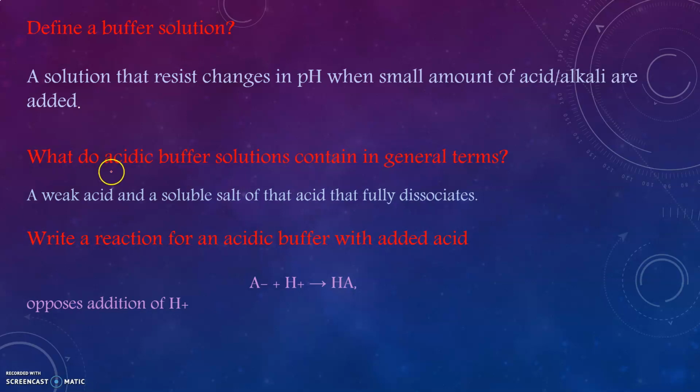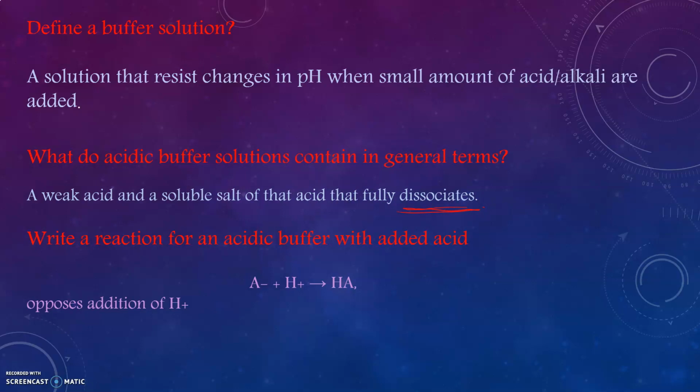What do acidic buffer solutions contain in general terms? An acidic buffer solution is a weak acid and a soluble salt of that acid that fully dissociates. Dissociates means completely ionizes.